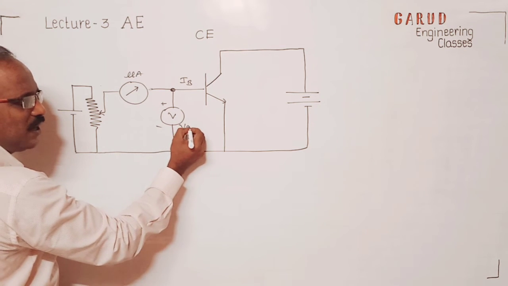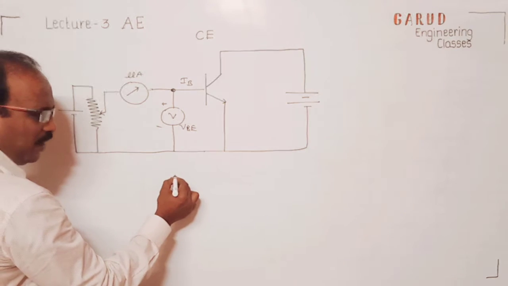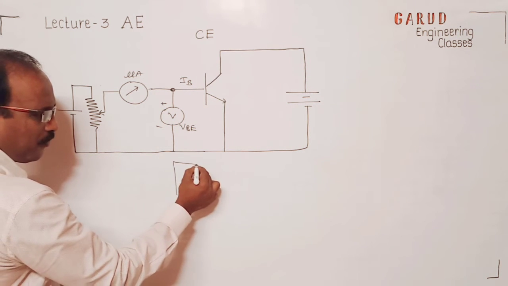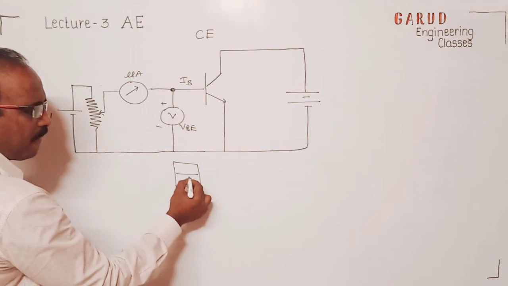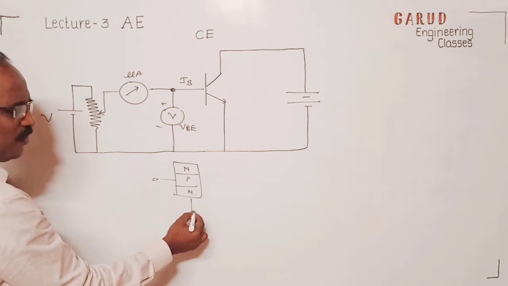Whatever voltage it gives, that is called VBE. Now, whatever V I apply here, I want to check the behavior of this. So you know the transistor, common emitter transistor: if you see here, NPN transistor, this is the base, this is the common emitter.